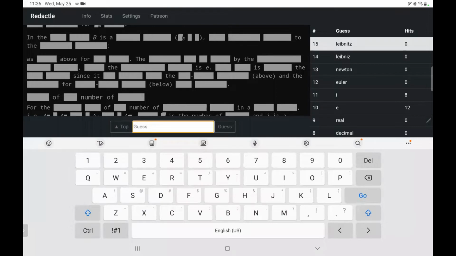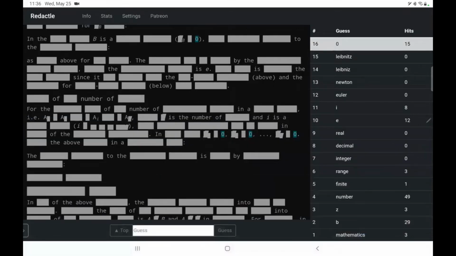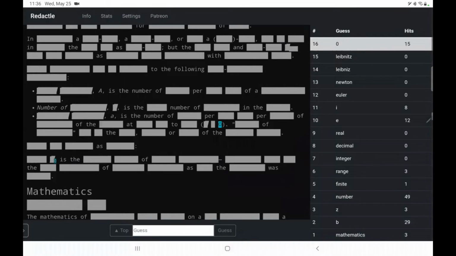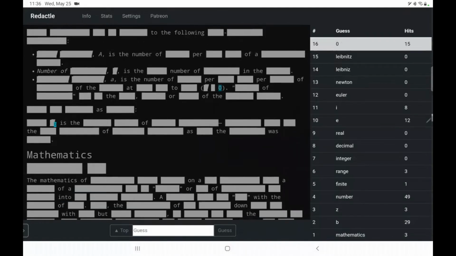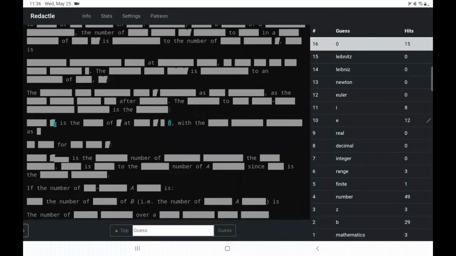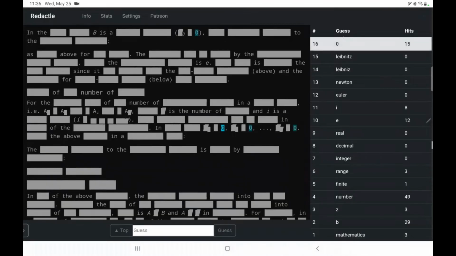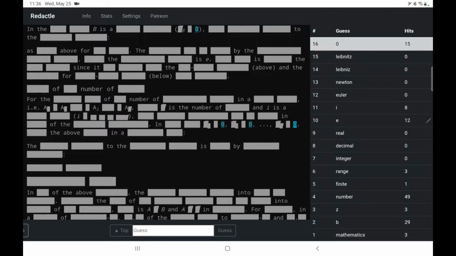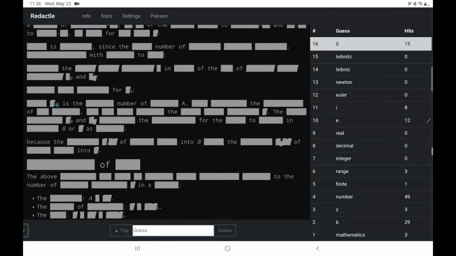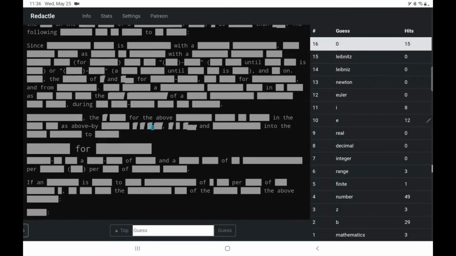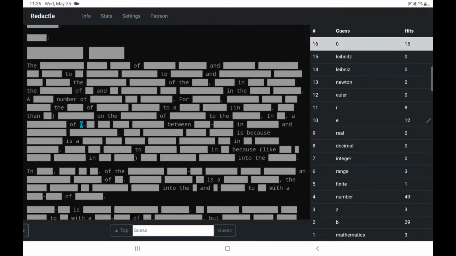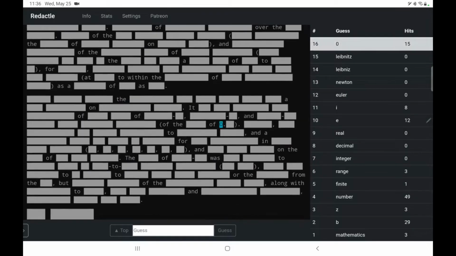No, either way, it's not there. I'm going to try 0, 15 zeros. Yeah, some very strange notation here. 0 point something.